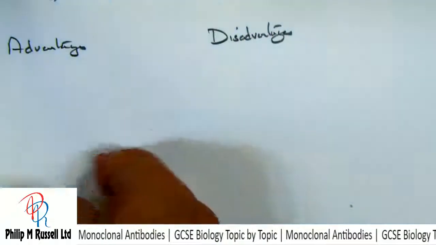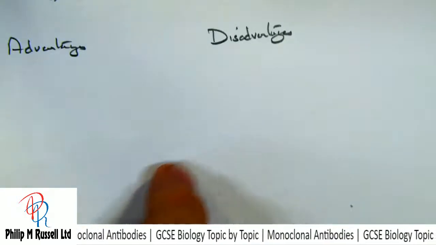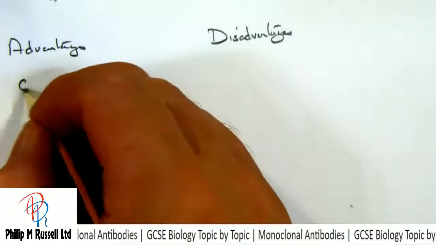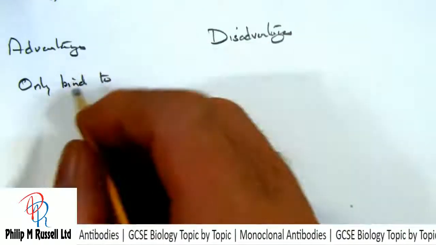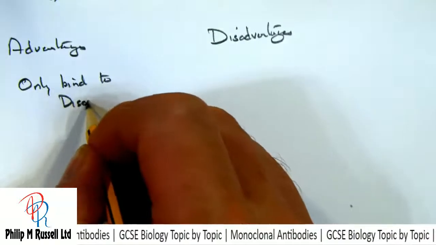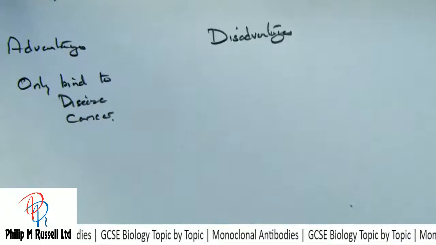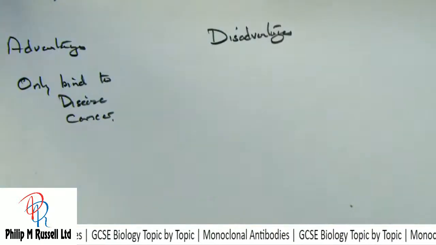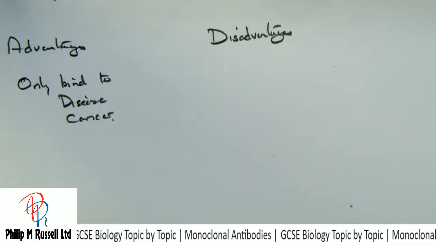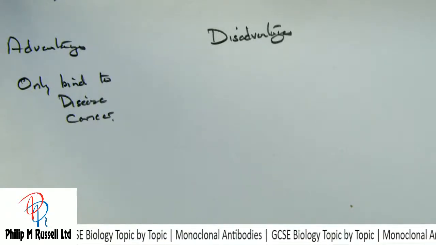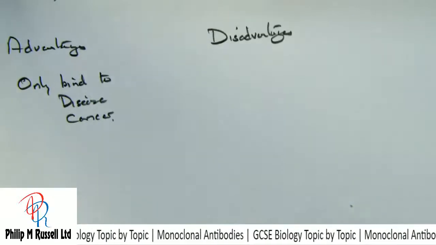The biggest advantage of using monoclonal antibodies is they only bind to some sort of disease, cancer cells, and so on. Any other healthy cells, it doesn't bind to them, so they're not affected at all. Whereas in contrast, conventional drug treatment would affect all cells.